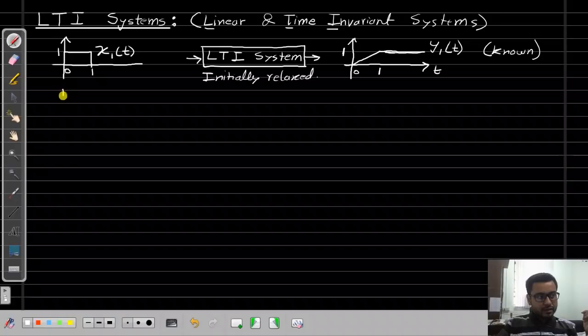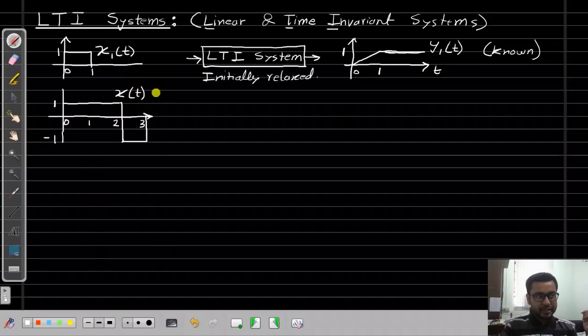Then someone asks me that if I give a different input pattern, suppose that looks like this, some arbitrary pattern, say 0, 1, 2, 3, here it is 1, this height is -1, and call this arbitrary input x(t).